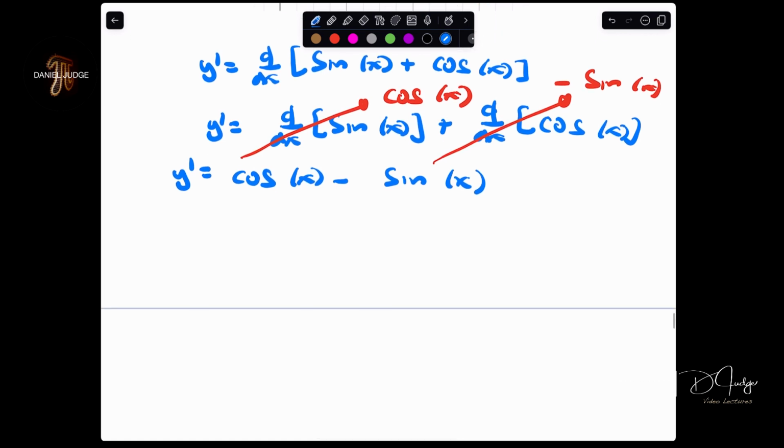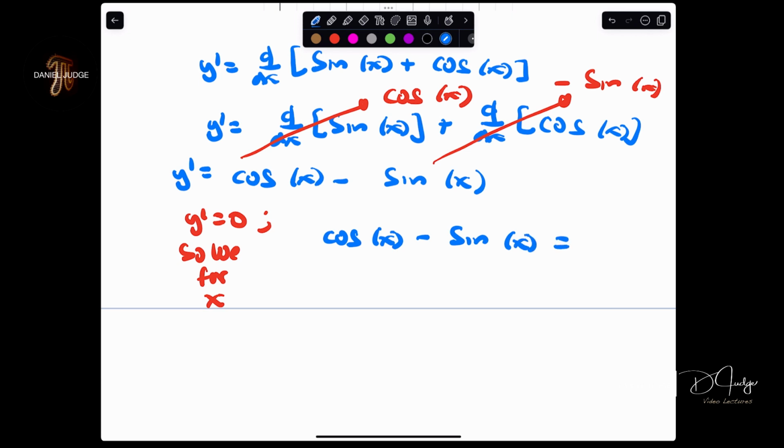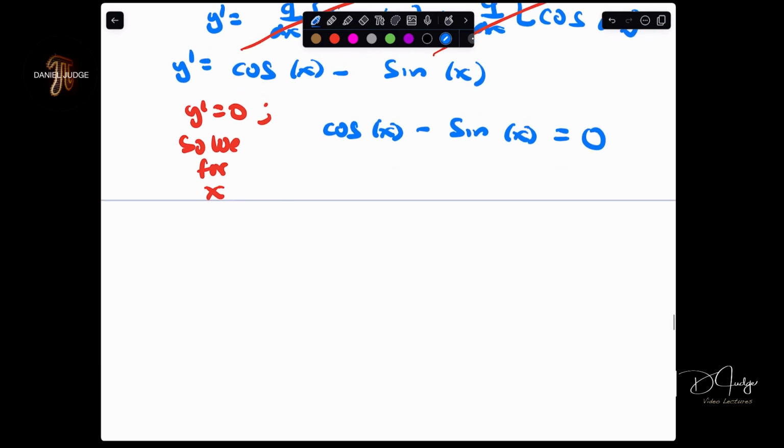Now, I have to set that equal to 0, and then I solve for x. So we have cosine minus sine equals 0, a very famous trig equation to solve. This is really a trig equation. And that means cosine equals sine if I add sine to both sides.